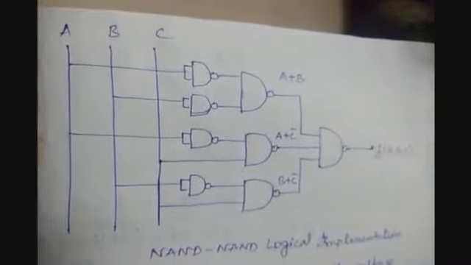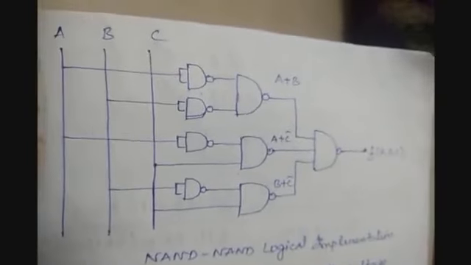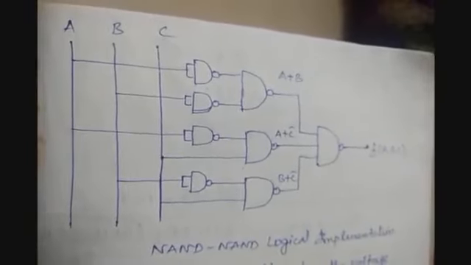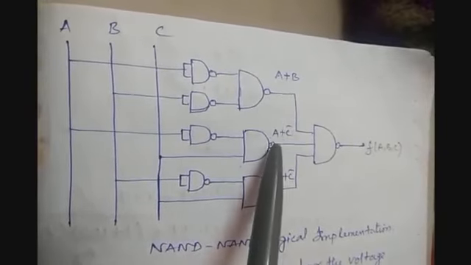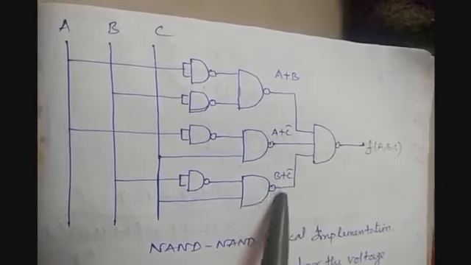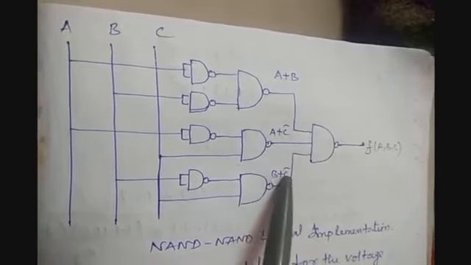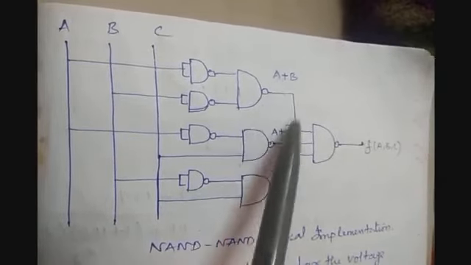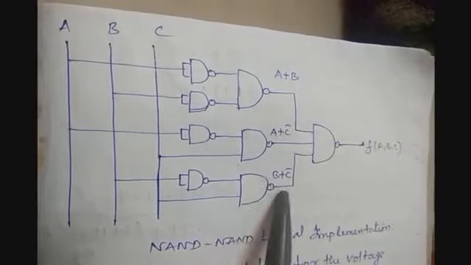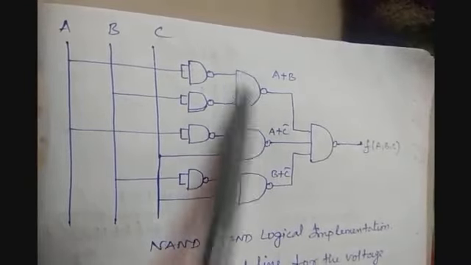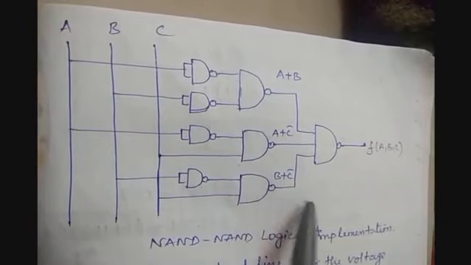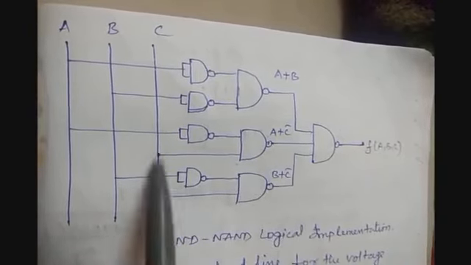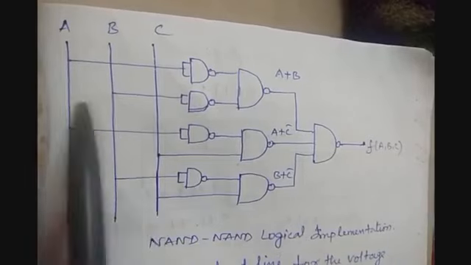We'll see the NAND implementation. There are 3 terms: the first term is a plus b, the next term is a plus c bar, and the next term is b plus c bar, right? These are in addition, which means OR operation. For the OR operation, this is the way to realize the OR by using NAND gates.